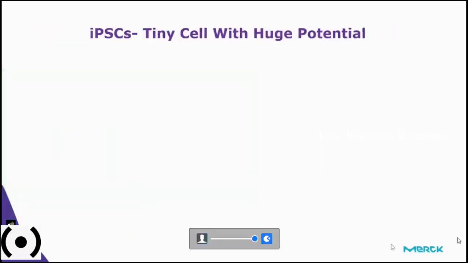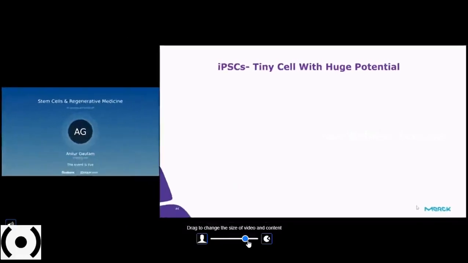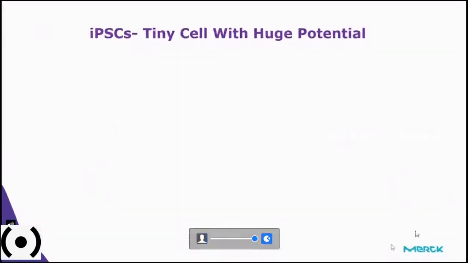So now the question is, iPSCs, as I told you, are very tiny cells, right? They are very tiny cells, but they have huge potential. I told you their diameter is 10 microns, right? So they can convert into any cell type.